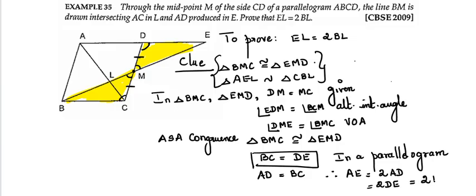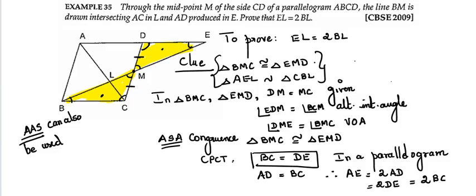I can also write 2 times BC. Whichever we want, we will use it later. These two triangles are congruent. You can either use ASA or AAS, because again these two angles are equal under alternate interior. Okay. After that, I forgot CPCT. Sorry. CPCT. Finish this and then we will go to the next part.